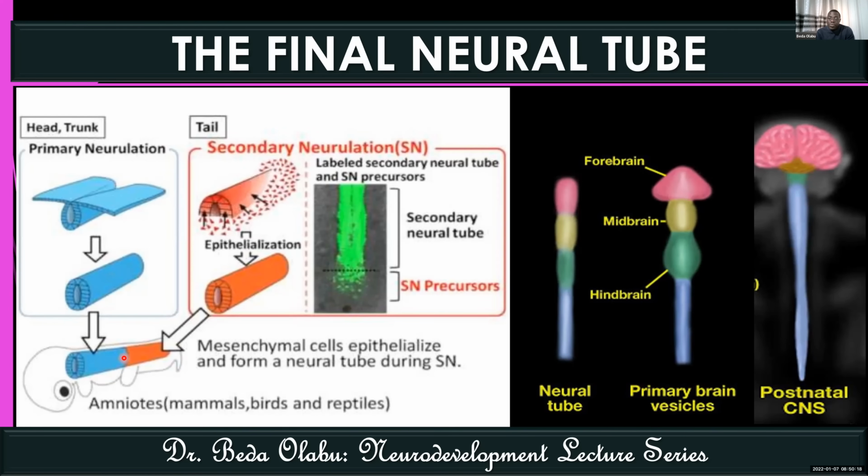It gives rise to the central nervous system. But how? The cranial 2/3 of the neurotube gives rise to the brain. The caudal 1/3 of the neurotube gives rise to the spinal cord. Don't be tempted to say that because the spinal cord is long, perhaps it takes the lion's share.